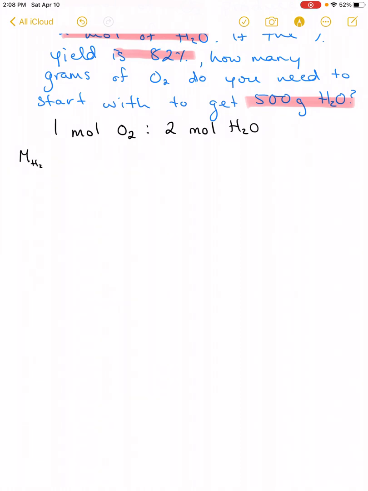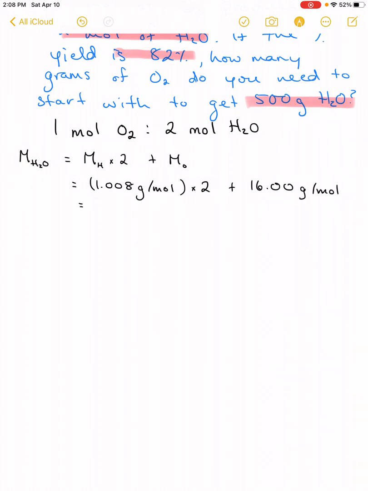So the molar mass of H2O equals the molar mass of hydrogen times 2 plus the molar mass of oxygen. That equals 1.008 grams per mole times 2 plus 16 grams per mole, giving us a molar mass of 18.016 grams per mole for H2O.